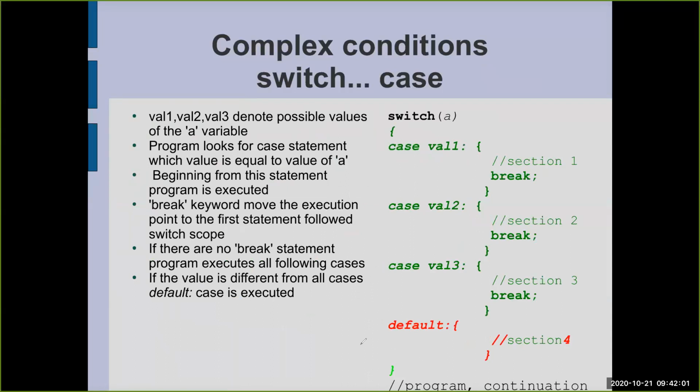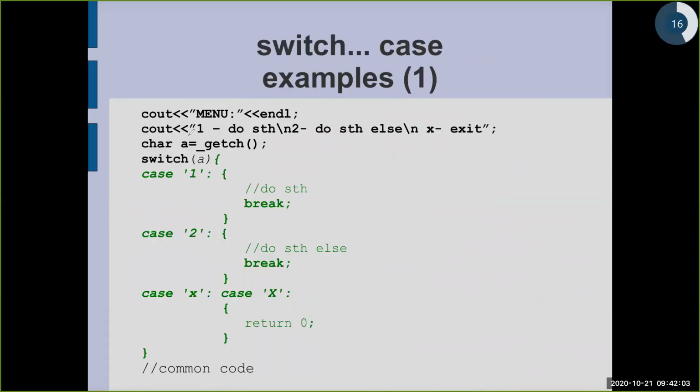Here you have several examples of how we can use a switch case command. So, for example, if I'd like to generate a menu, I print for the user 1, do something, 2, do something else, and so on. So I can get the user answer here, and depending on the answer, I can go to a particular section of the code.